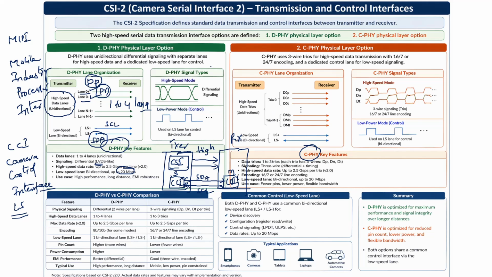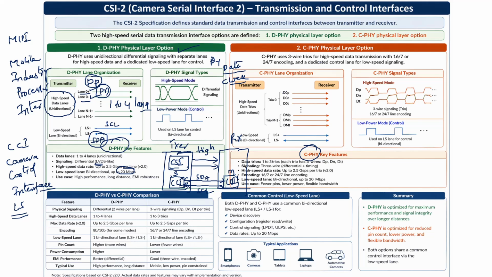You need to tell what is the difference between the C-PHY lane and the D-PHY lane. In the D-PHY lane, we have the data lane and clock lane separately. We transmit the information with the data lane separate and the clock lane separate. That is the D-PHY. In the C-PHY, the data lane and clock lane are transmitted combined.